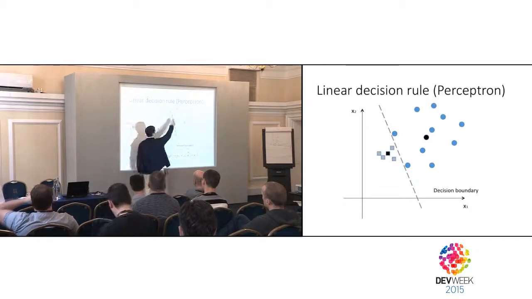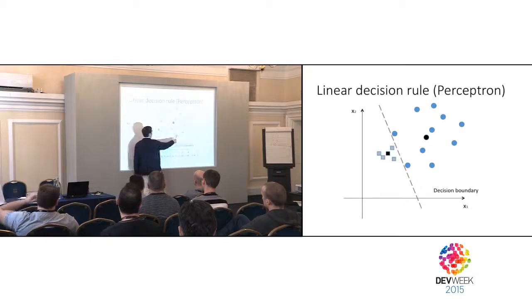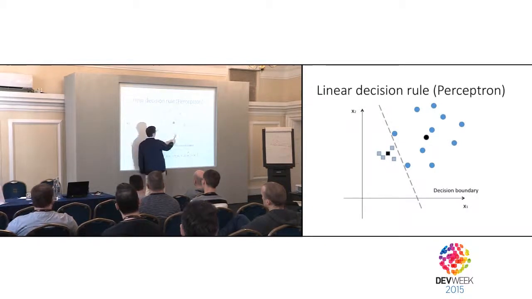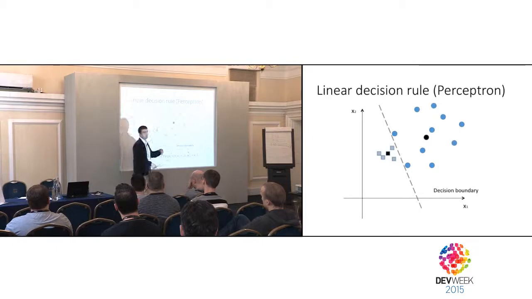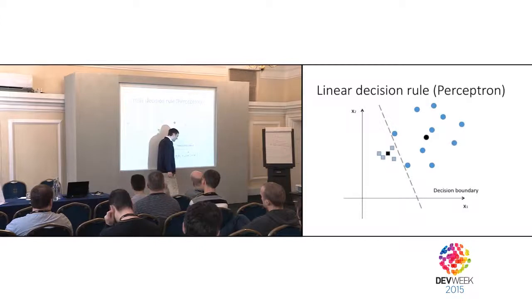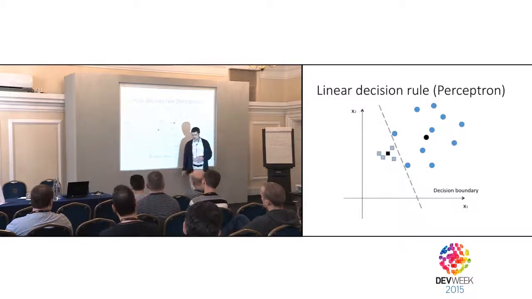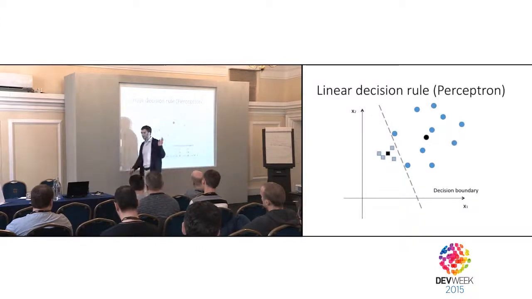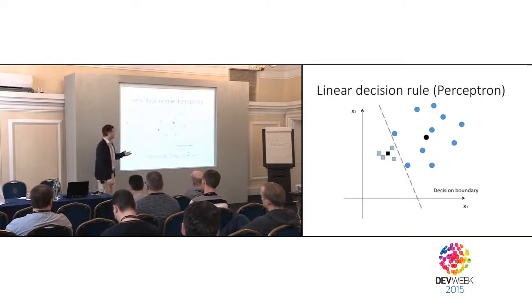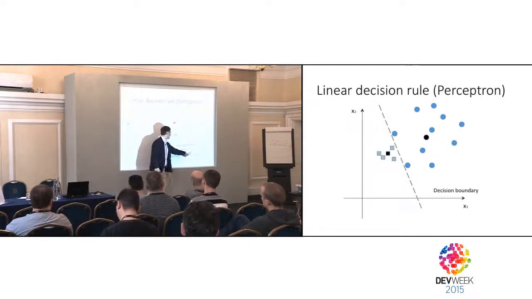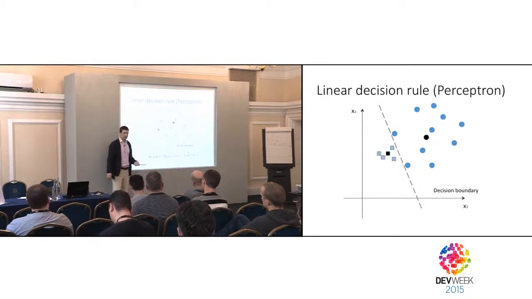So for example, if the line would go like this, then it would assign many examples of this class on the right to the wrong class membership. So this location of the line would make lots of errors. So we can take many different random positions of this line and select such a position that minimizes the number of mistakes that this function makes on the training sequence. But of course, that's too long.